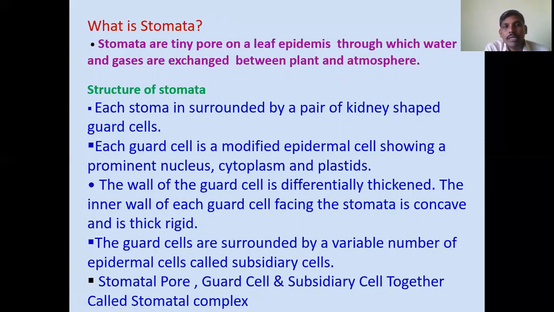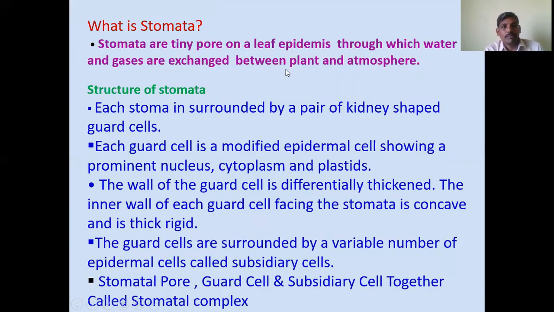Not only in gas exchange, it also plays an important role in the regulation of the transpiration process. One physiological function, transpiration, occurs through stomata, which are present in the leaf epidermis as well as young herbaceous stems.